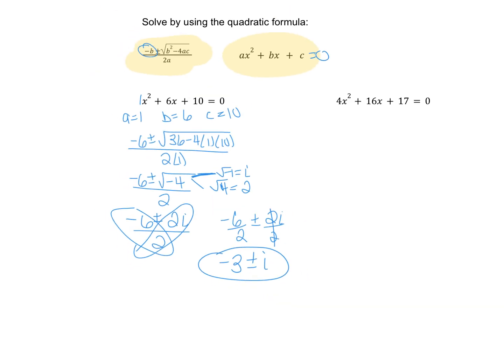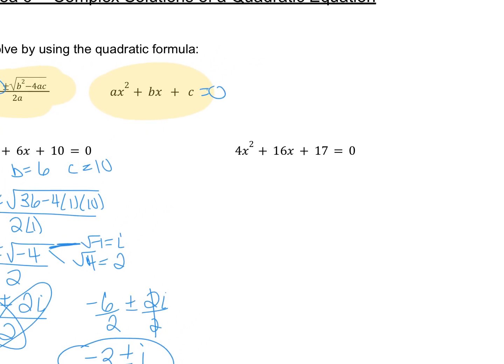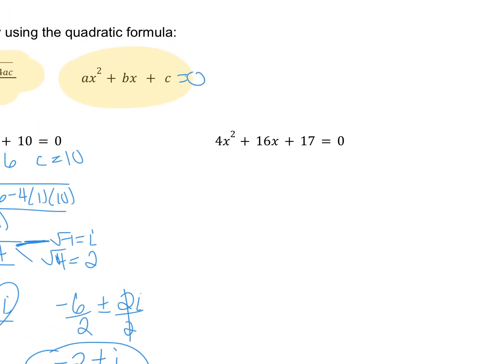Okay, let's just look at one more example here that'll have a fraction in it as part of its answer. These numbers are a little bit bigger, but we're going to do the exact same thing here. So we've got A is 4, B is 16, and C is 17.